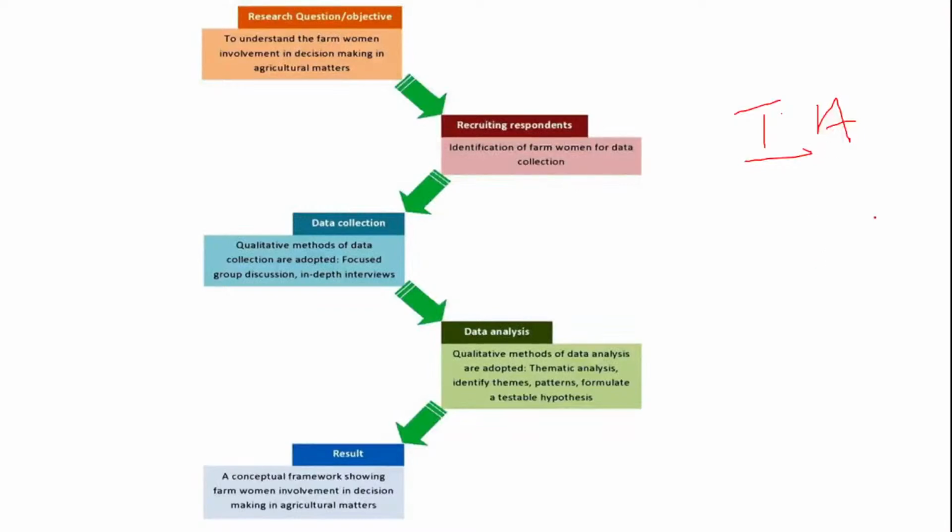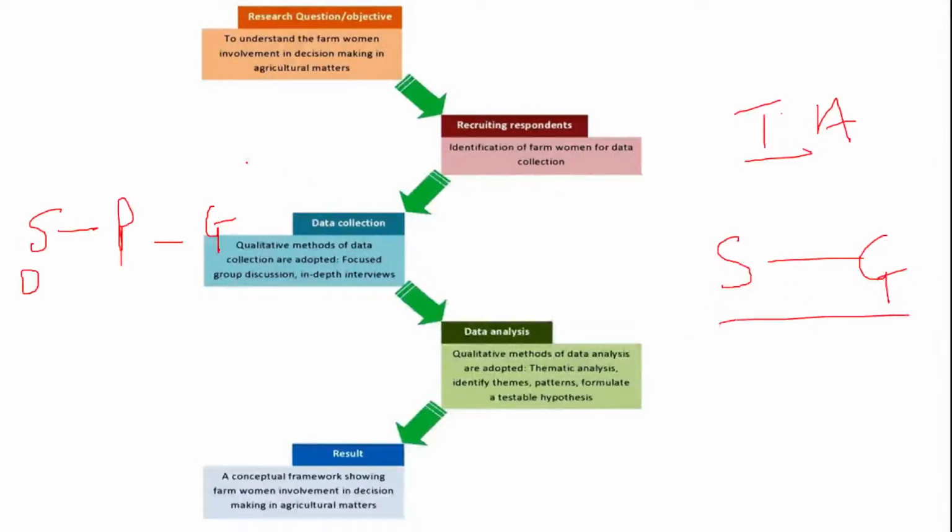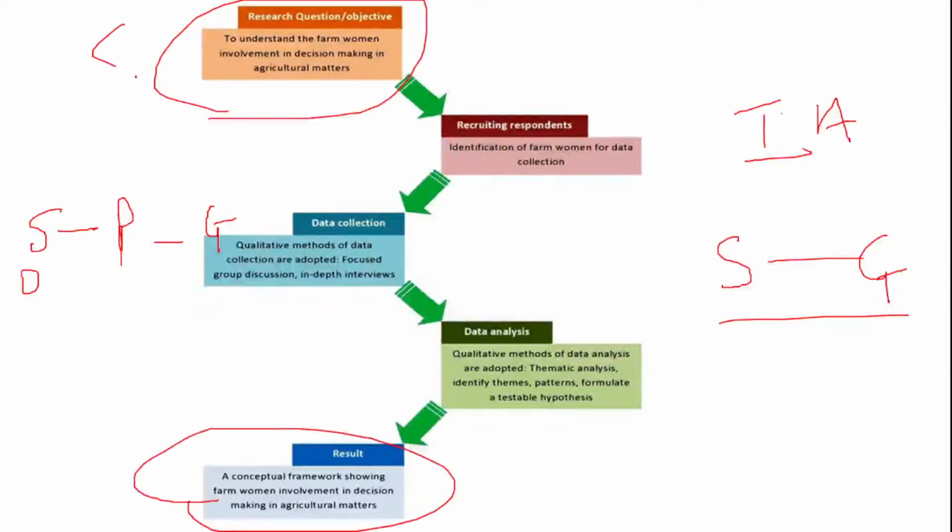In a simple sense, a specific observation goes ahead with pattern recognition and then comes to a general conclusion. So we say that it is from specific to general. You started with something very specific, and with the help of your data collection and data analysis, you came to something very general.